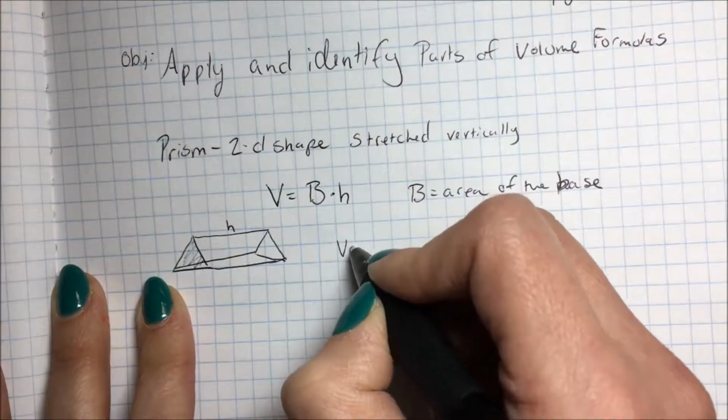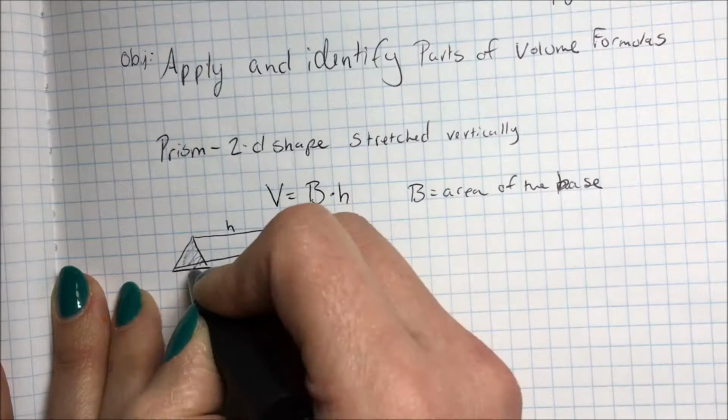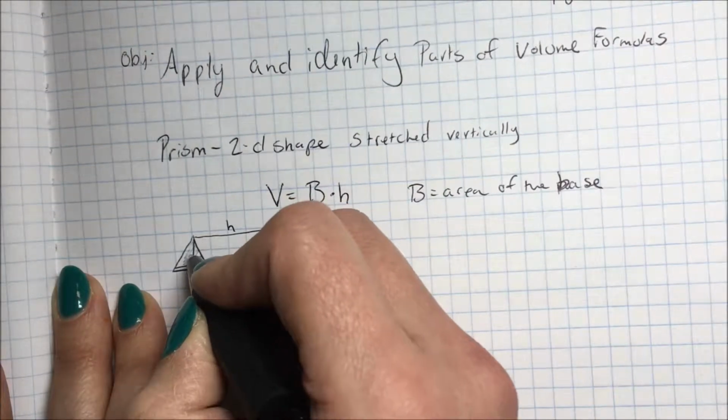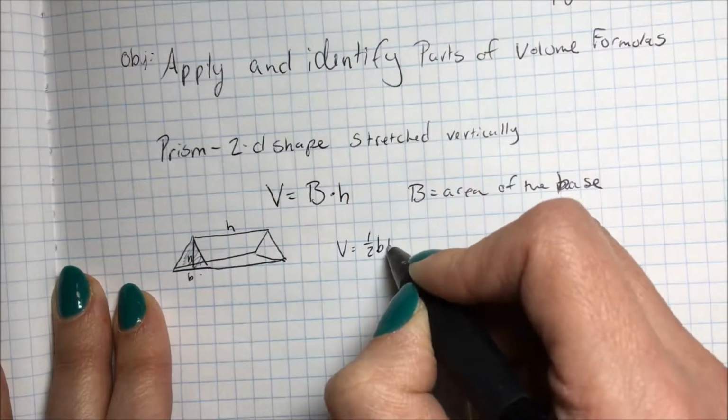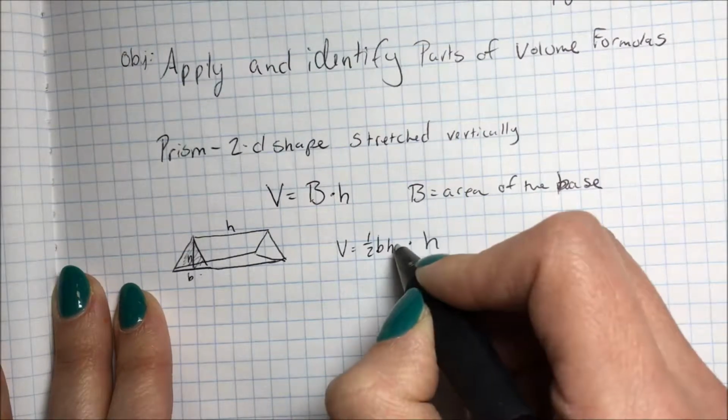So this would be area of the base times the height of the base times the height of the whole prism.